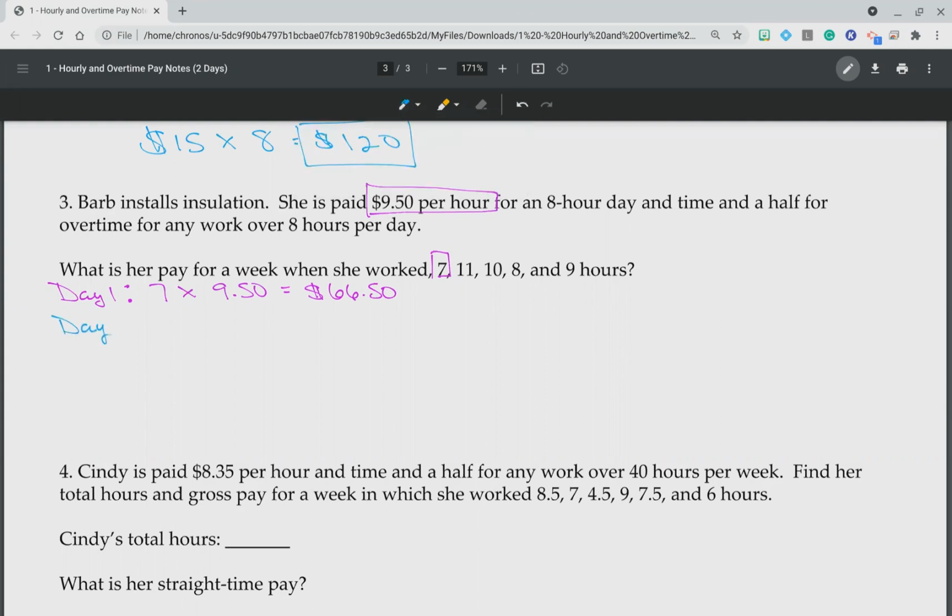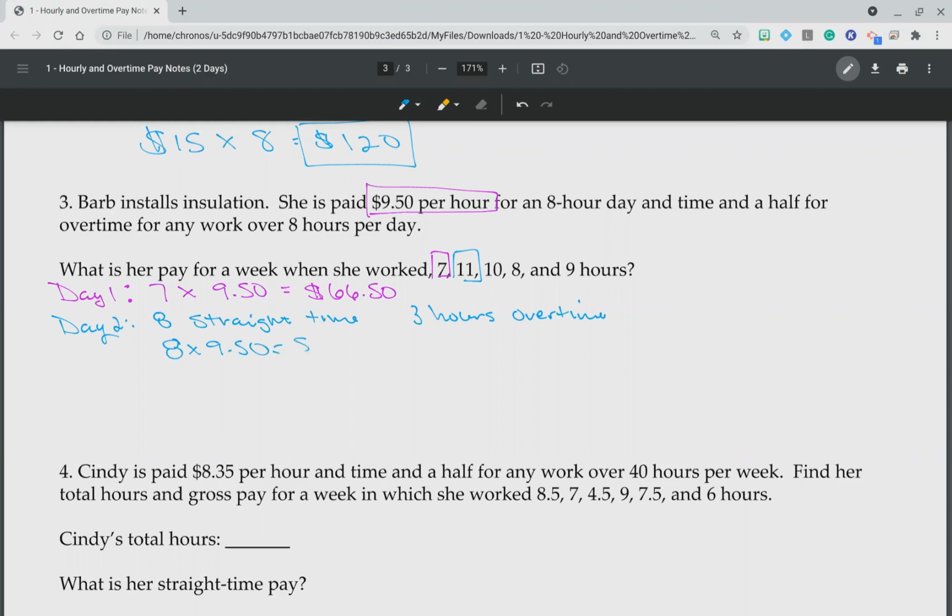Day 2, a little bit different. She worked 11 hours. So she worked 8 hours straight time and 3 hours overtime. All right, so here we're going to have 8 times $9.50 because that's our straight time pay.